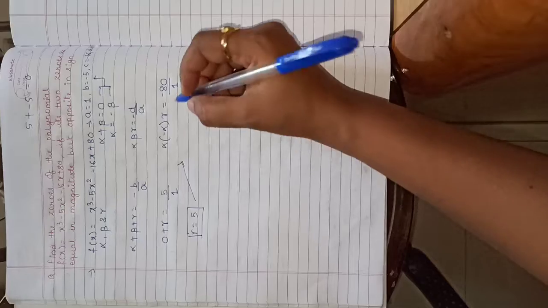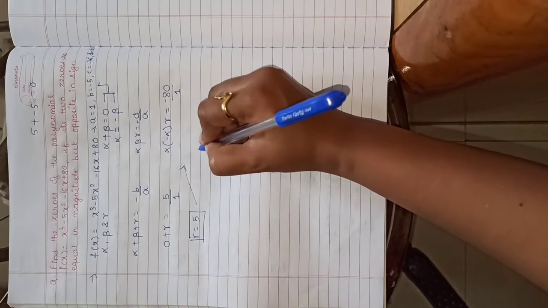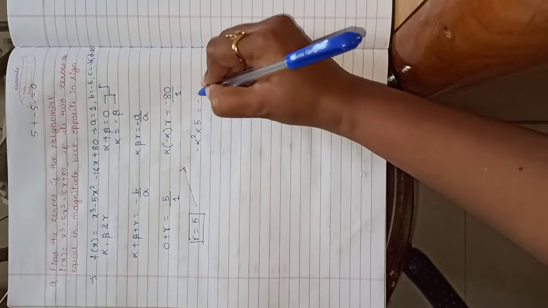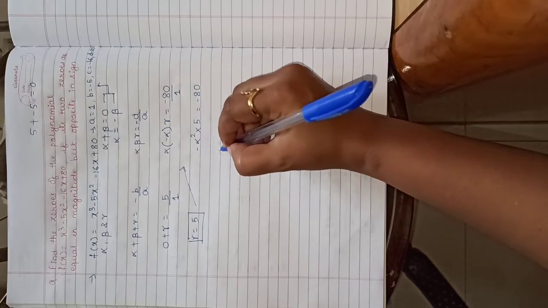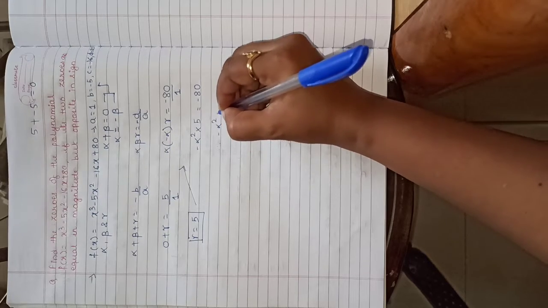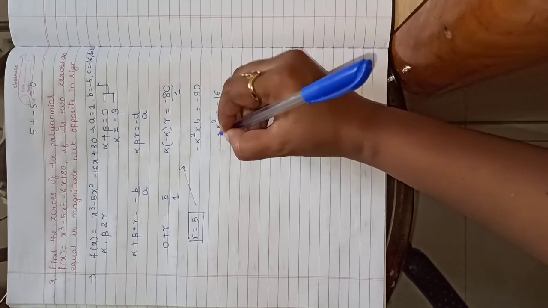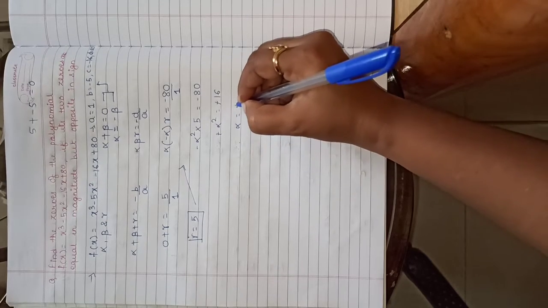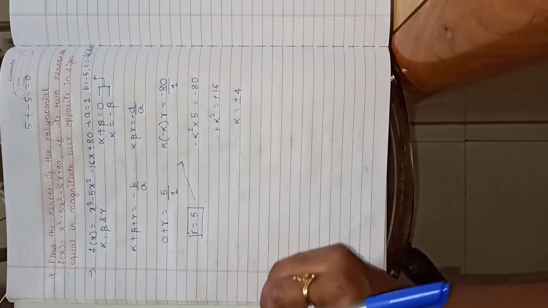Putting this value here, alpha into minus alpha is minus alpha square into 5 equal to minus 80, which gives me minus alpha square equal to minus 16. Minus minus will get cancelled, which gives me alpha is equal to plus or minus 4.